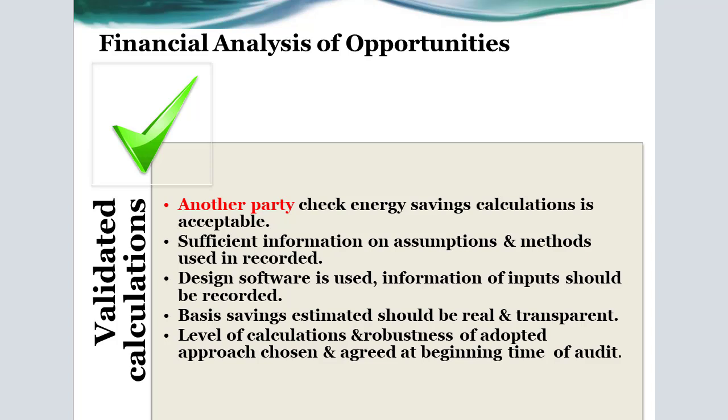Also, design software may be used. It is very useful, and it needs different input information from the specified facility, such as environmental conditions, energy consumption, the type of equipment and devices, and so on.